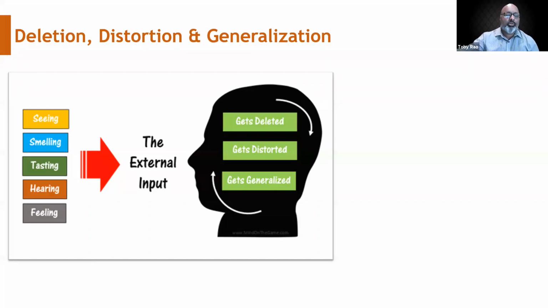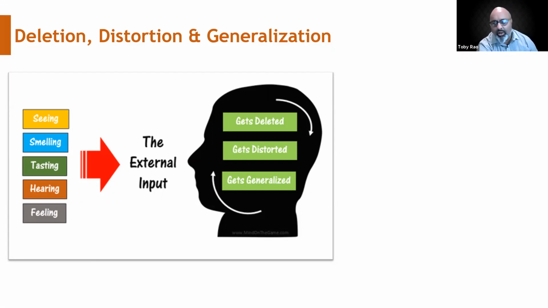You're not going to see the whole picture. And if you just have two speakers, you're probably missing the whole sound effect of it as well. So you're not getting the whole experience. And that's because information gets deleted, it gets distorted, and it gets generalized. So now, these are three very basic, foundational concepts of NLP that we should talk about.